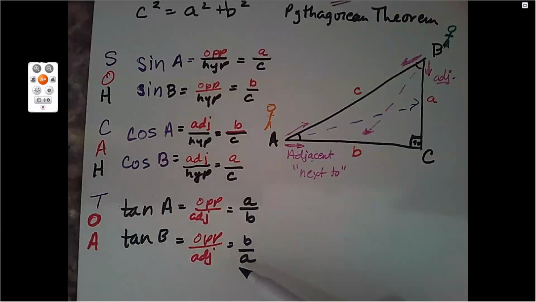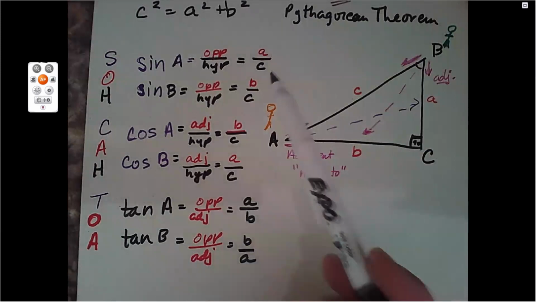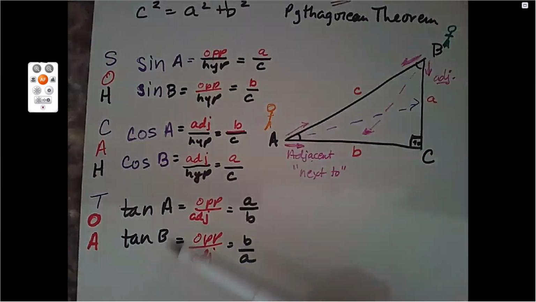So tangent is the ratio of the two sides of the triangle. Sine and cosine is the ratio of a specific side to the hypotenuse. So these are all the sine, cosine, and tangent trig functions, or trig ratios as they are sometimes referred to, that we will use to solve problems here in a little while.